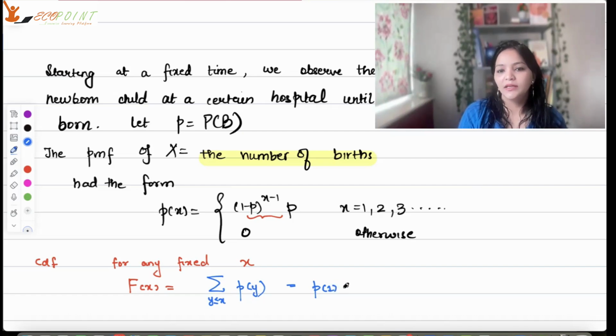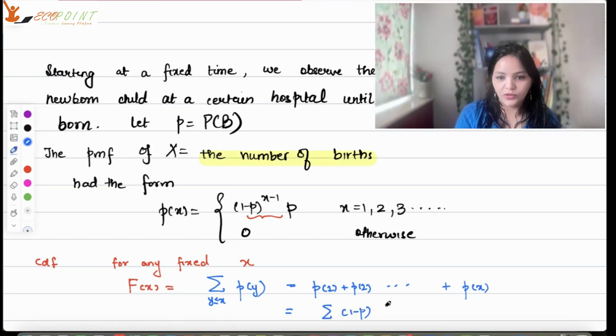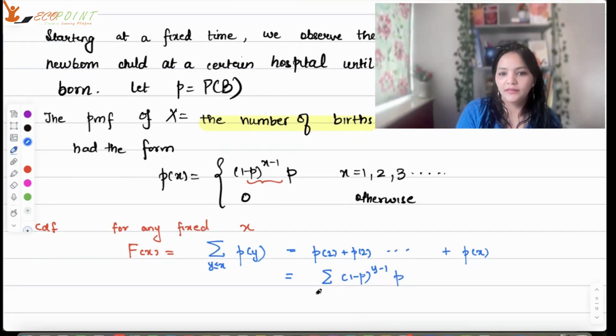So probability at 1, probability at 2, and so on, till x, including the probability of x. This means it is nothing but the summation of (1 minus p) to the power y minus 1, into p, where y is less than or equal to x.